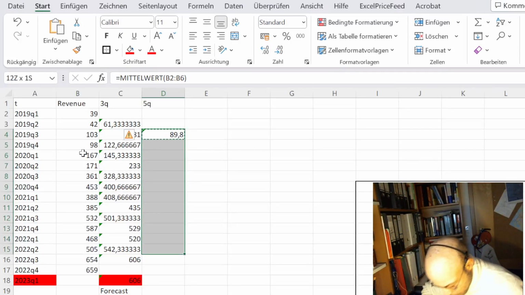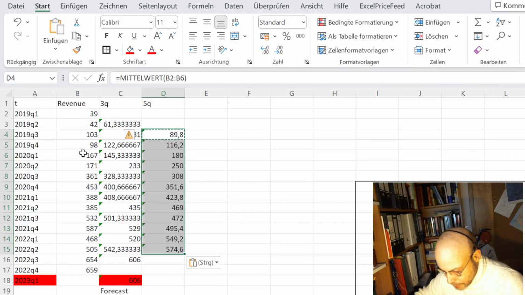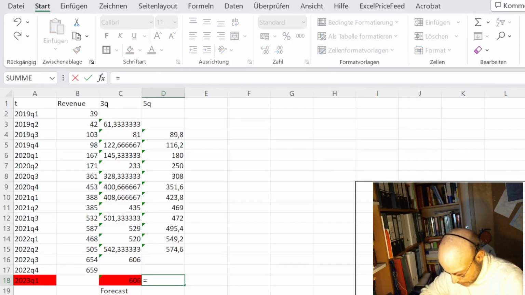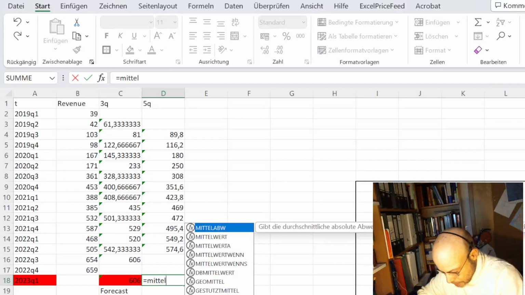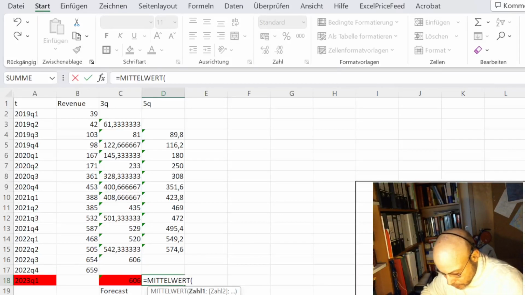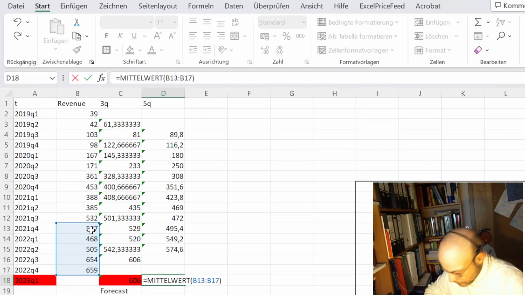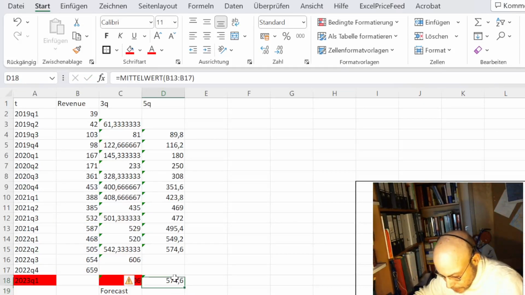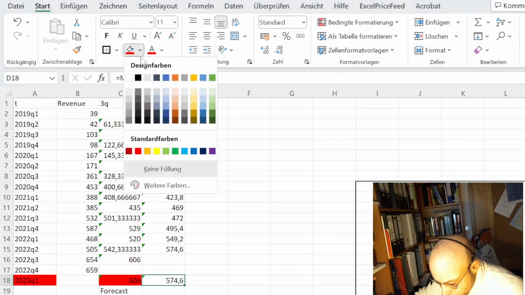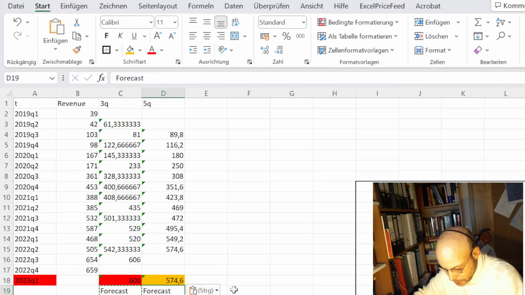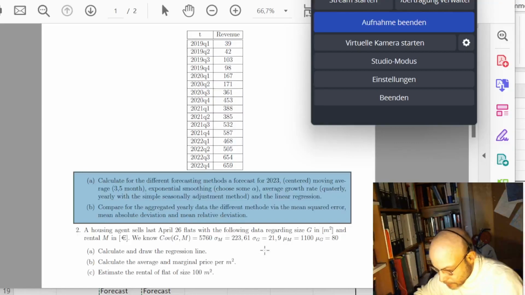And then we would end at this point, and our forecast would be the average of the last 5 data points. 1, 2, 3, 4, 5. And this would be 574.6.